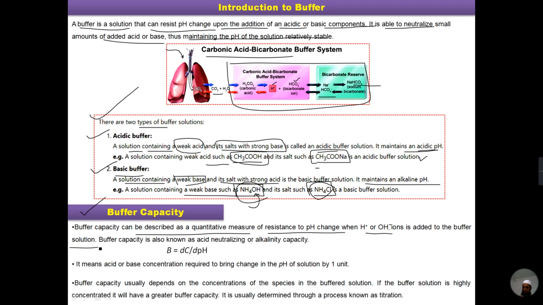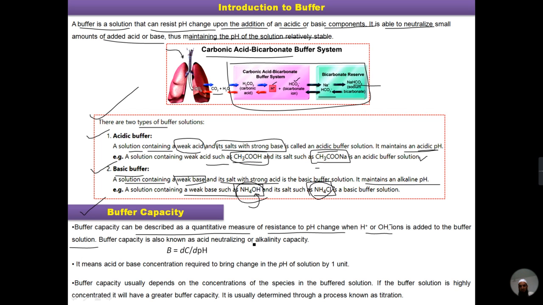Now, अब एक क्वेश्चन है कि एक बफर के पास कितनी टेंडेंसी है, how much tendency. We want to measure that quantitatively, the tendency of any buffer to resist the change in pH when some external base or external acid is added. Now that tendency is expressed in terms of buffer capacity. Okay?